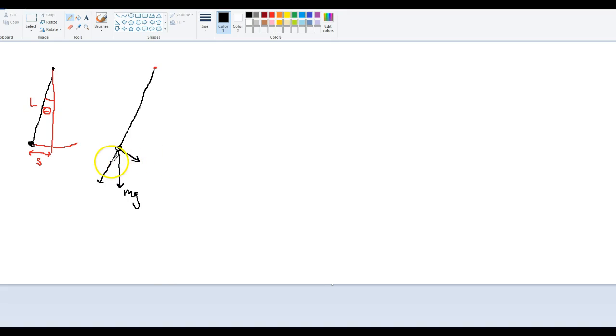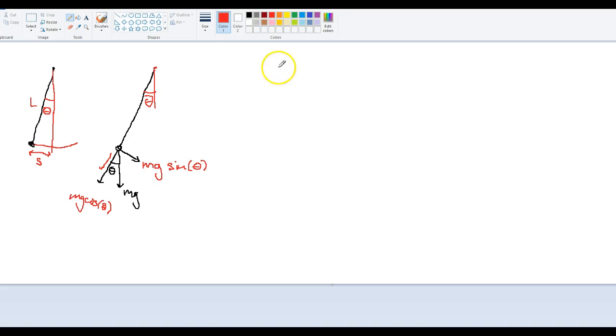Now this one here, if this angle here is theta, which is the same as this angle here theta, then this component is mg sine of theta, and the one that's perpendicular to the motion, that's this one going in this direction here, that's mg cos of theta.